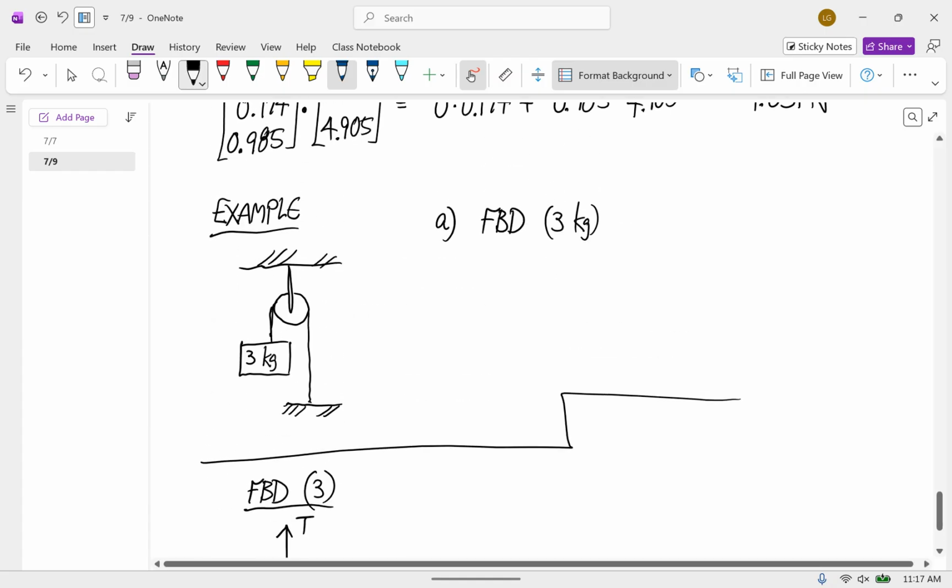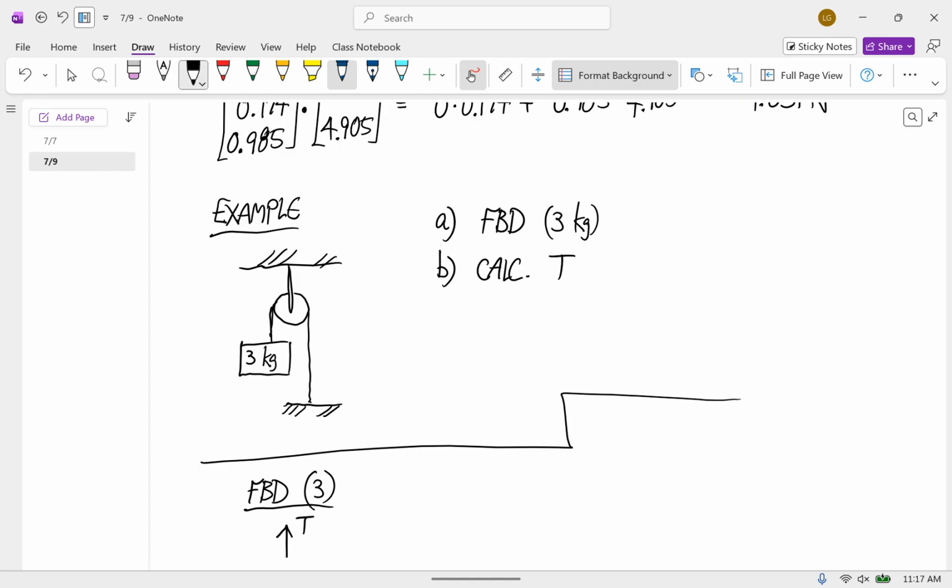And now I want you to calculate 2 things. I guess 3 things really. Calculate the cable tension. Calculate the force vector the cable applies to the mass.